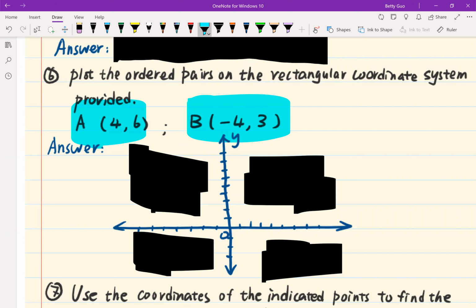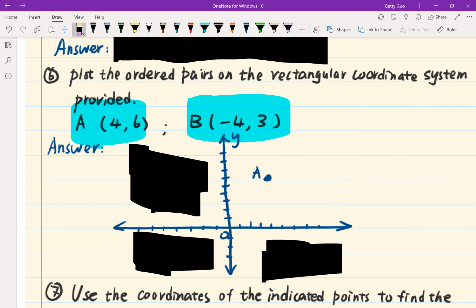The x coordinate describes the horizontal displacement, so 4 units to the right, 6 units above. Make sure you know where to find the point. It's here, okay? 4 units to the right, 6 units above.